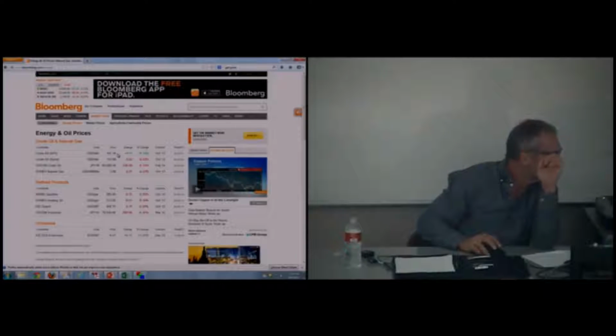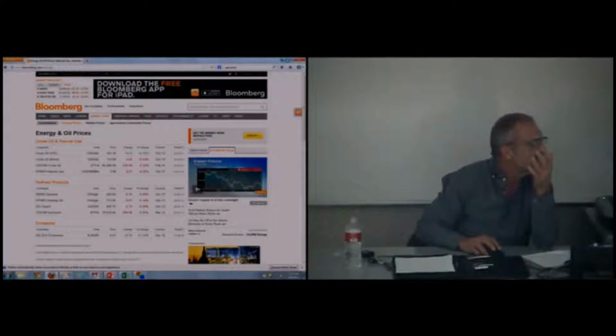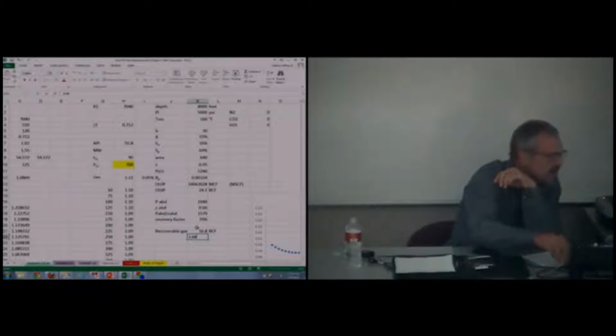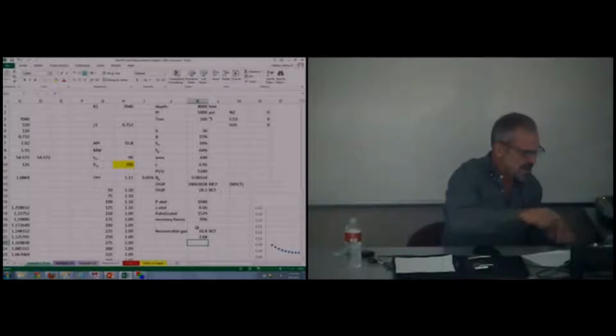Where's natural gas? You guys see it on this page? You have it in BTUs. Is it in New York? Oh, natural gas, right here, 3.68. That's per MMBTU.